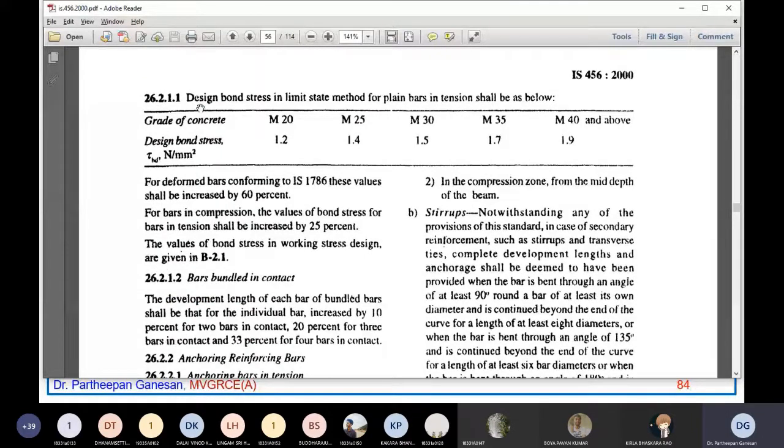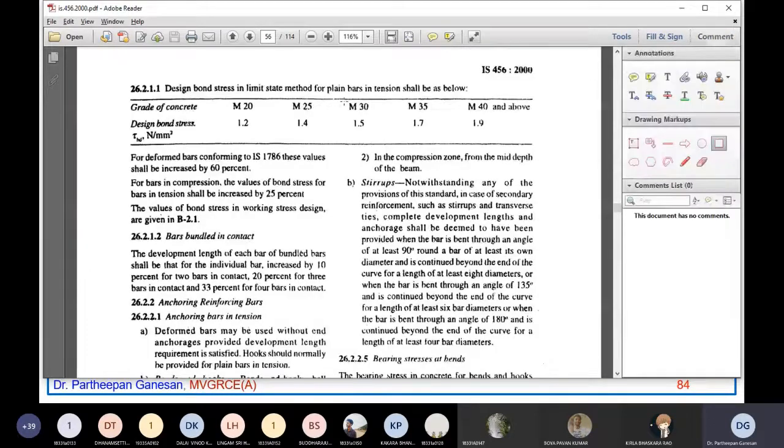26.2.1 design bond stress in limit state method. Remember, for plain bars in tension, please note this point. Many times students make mistakes. It is told very clearly this is only for plain bars in tension. Now suppose it is deformed bars such as Fe 415 or Fe 500, there is a modification to be made, that is here.